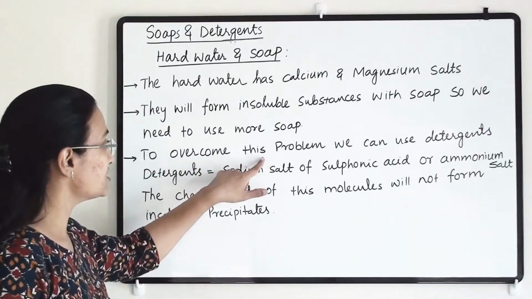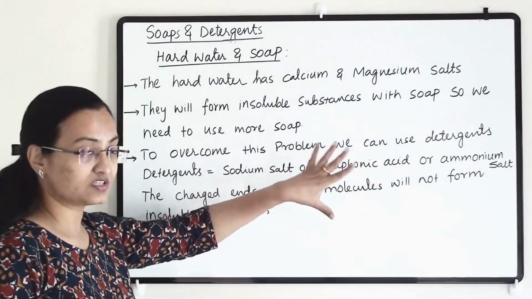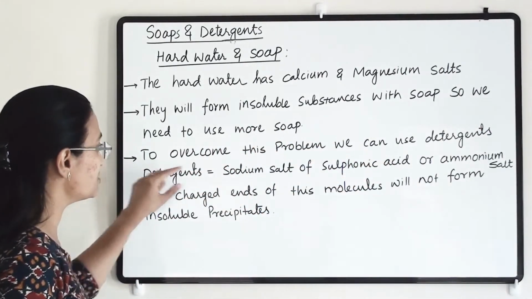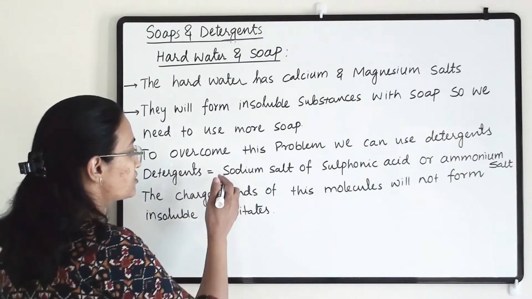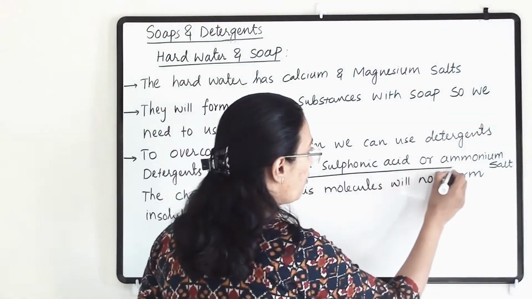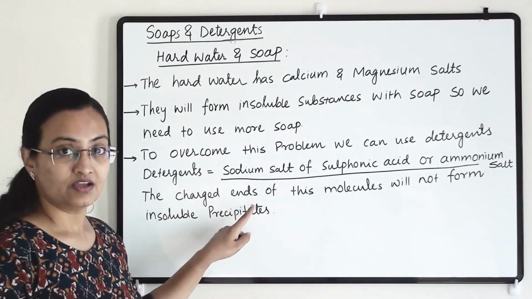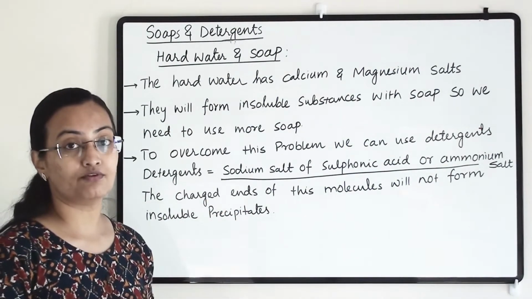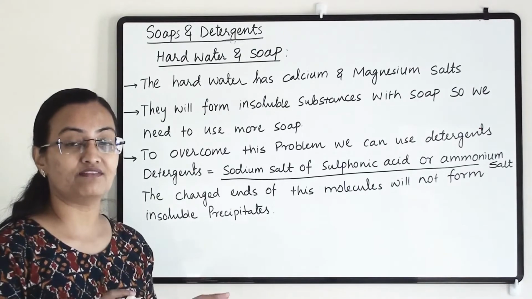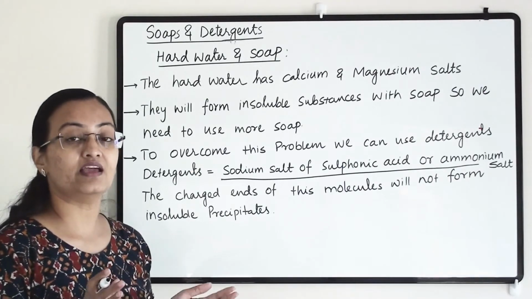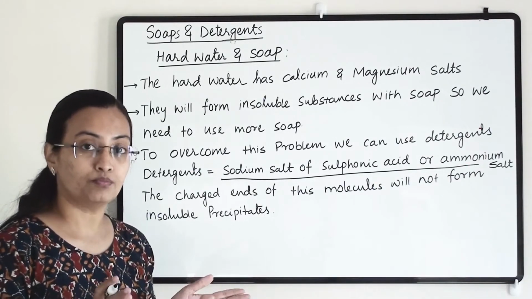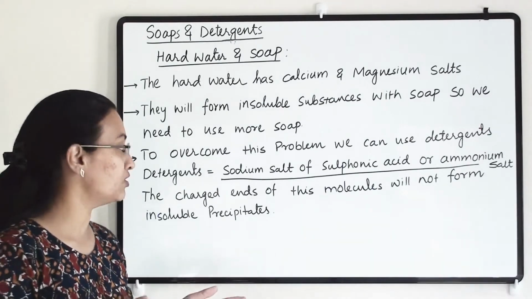To overcome this problem, we can use detergents. Now what are detergents? Detergents are sodium salts of sulfonic acid or ammonium salts. So they have a charged end. We have already seen in micelle formation how they have a charged end, and at the end of the micelle formation the potassium salt or sodium salt will be there.